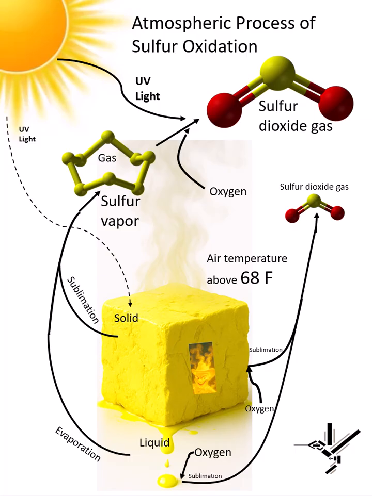Now, sublimation in agriculture does not occur at a rapid enough rate unless temperatures are above 68 degrees Fahrenheit.